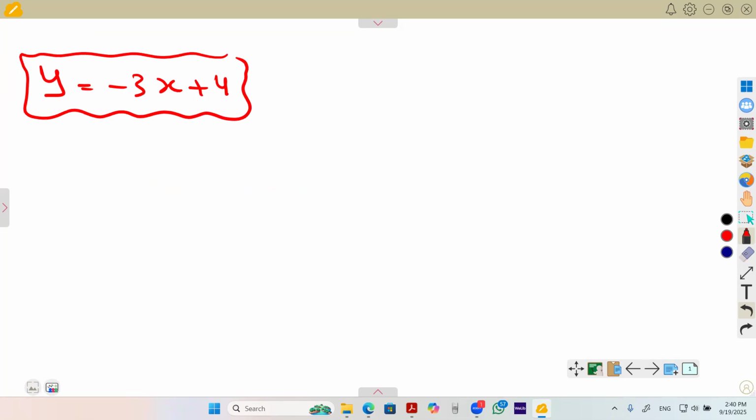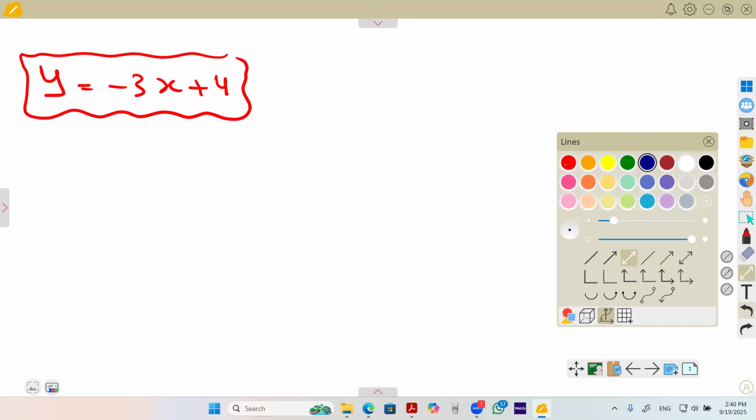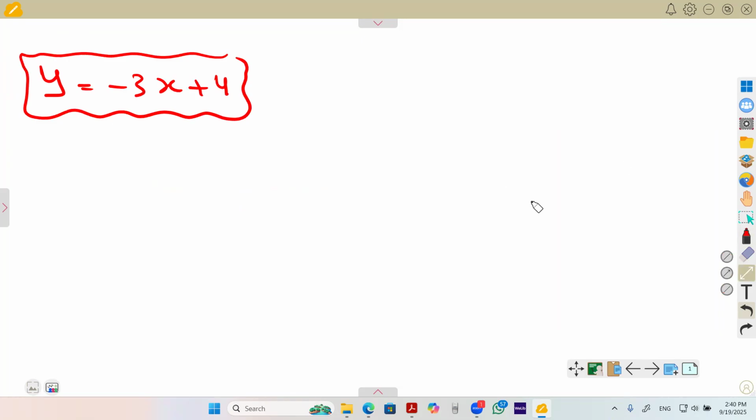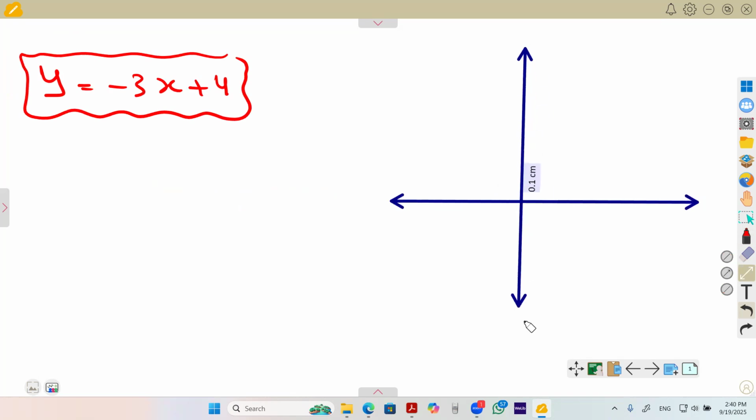Just draw a big plus, and the center is 0.